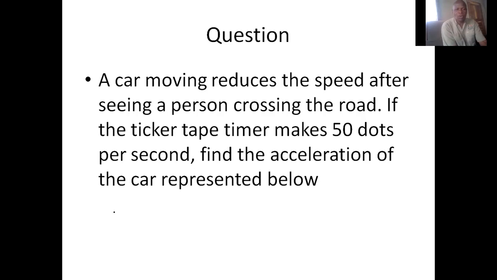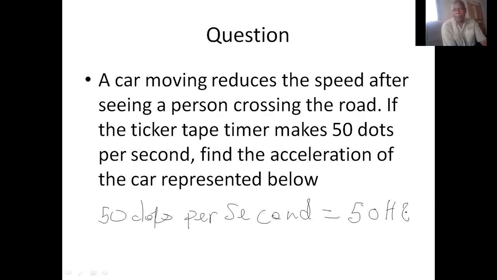The first thing to know is that if they say 50 dots per second, that is the same as 50 hertz. This is very important because this is the frequency.